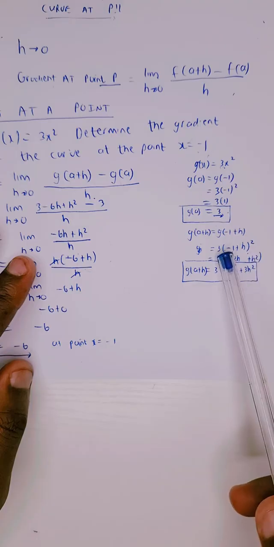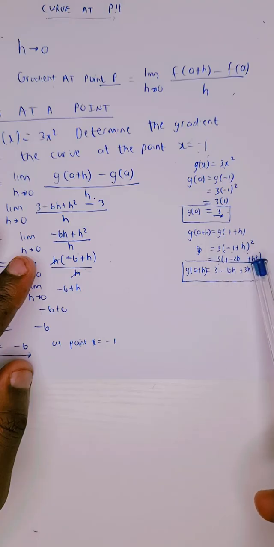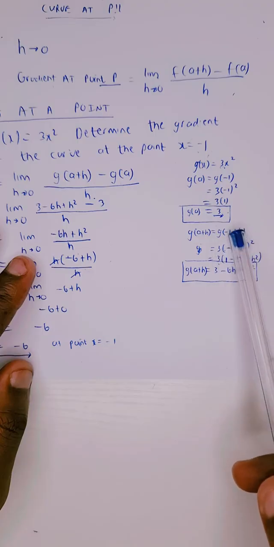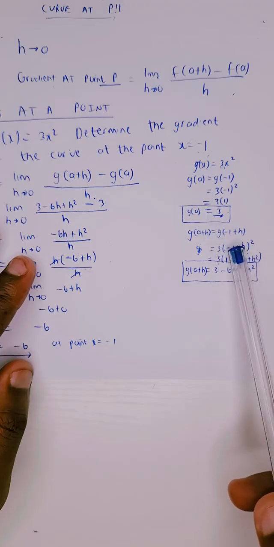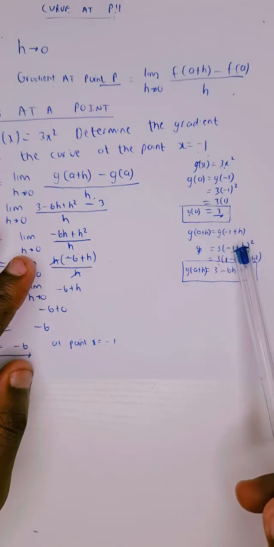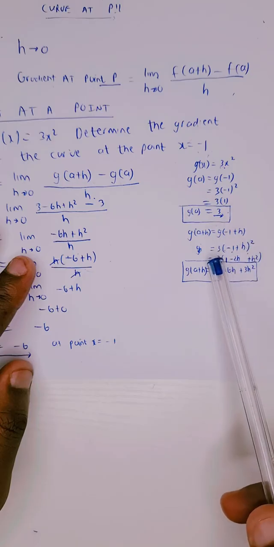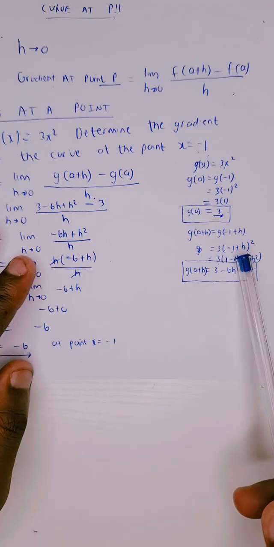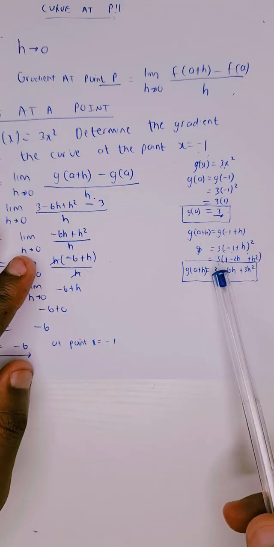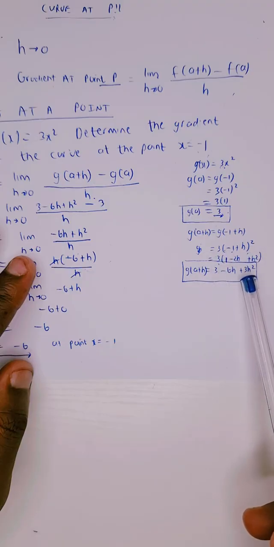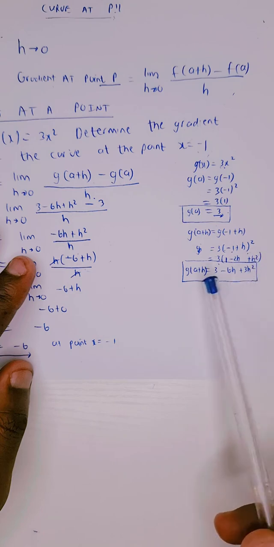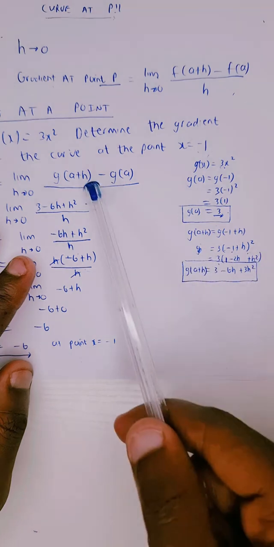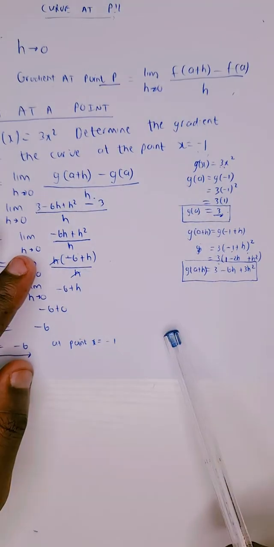We apply the exponent to the two terms, square the first term, square the last, and then to get the middle term, we get the product of the two, -1 and h, and then we double it. Then we take the 3 distributed inside the 3 terms. We got 3 minus 6h plus 3h squared. That's g of a plus h, which we substitute here.